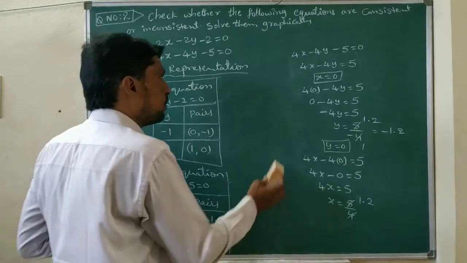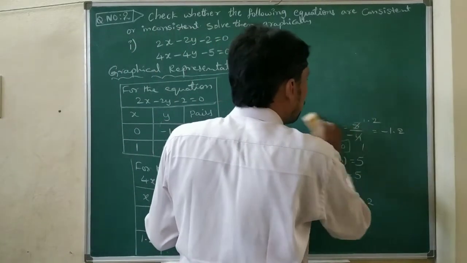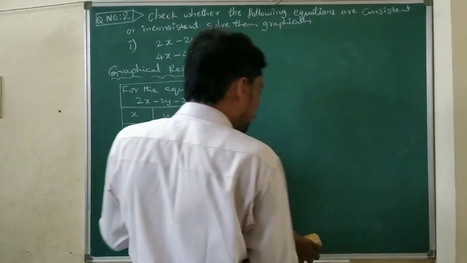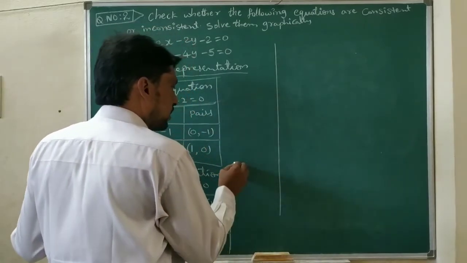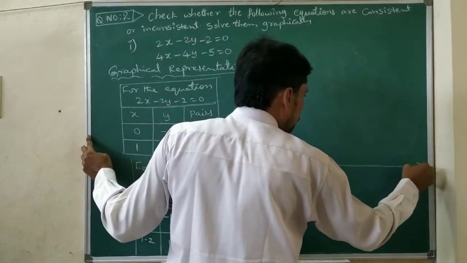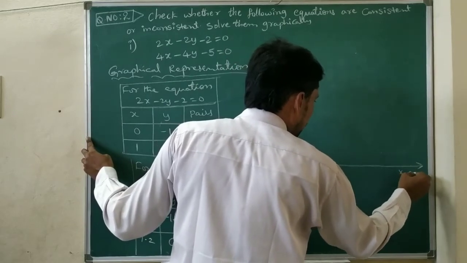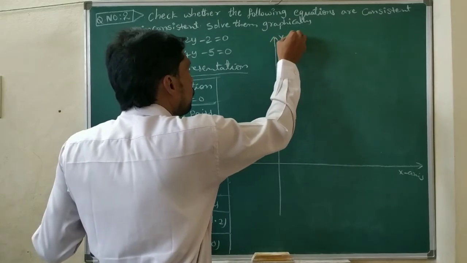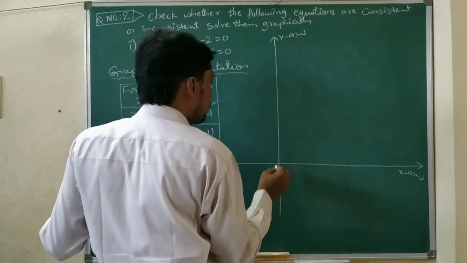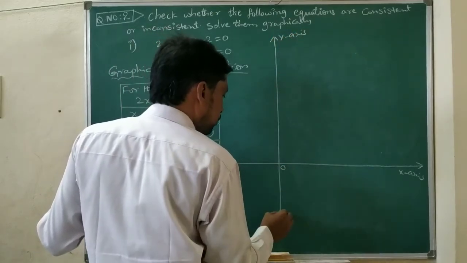So here we got the pairs for both equations. Now we can plot the points on the graph sheet to get the answers. So this is the x-axis and this is the y-axis. Here both intersecting point is 0.